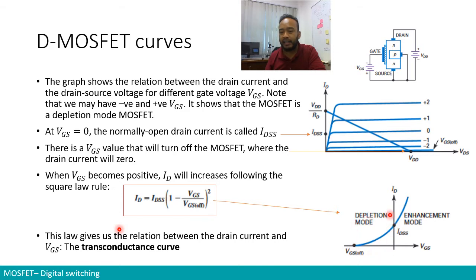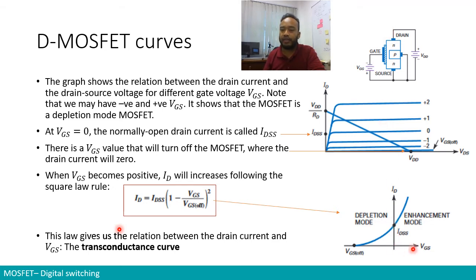In this area we have what we call depletion mode. We are decreasing the channel of the MOSFET. Then we have the point where we don't supply any VGS, at zero. We have the IDSS, the original value of current that is allowed to cross through drain and source if we don't supply any VGS.